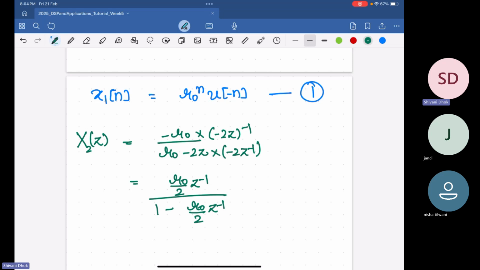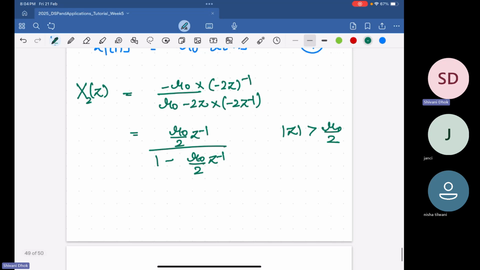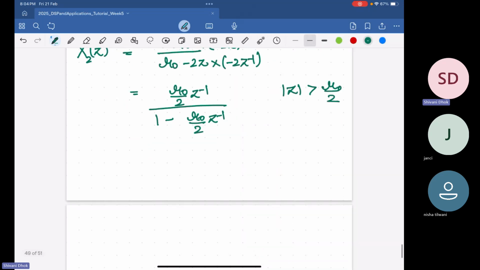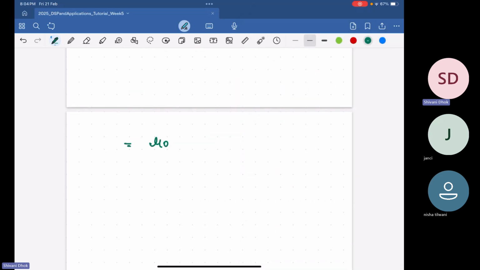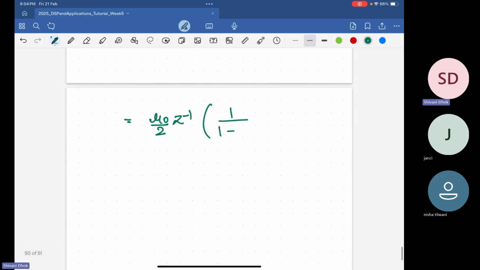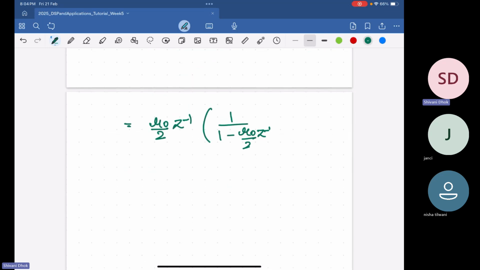Okay, and for this, what was our region of convergence? The region of convergence was magnitude of z greater than r naught by 2. Now again we can write it in our standard forms. So we have r naught by 2 z inverse into 1 upon 1 minus r naught by 2 z inverse.